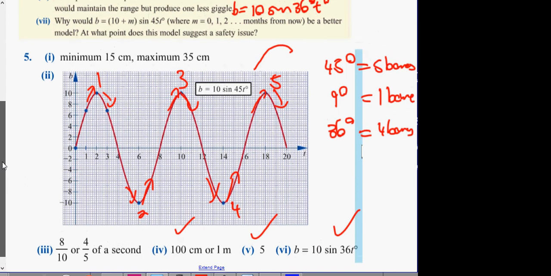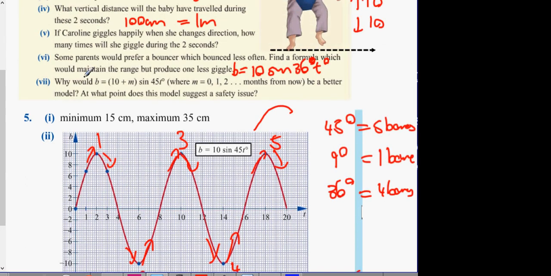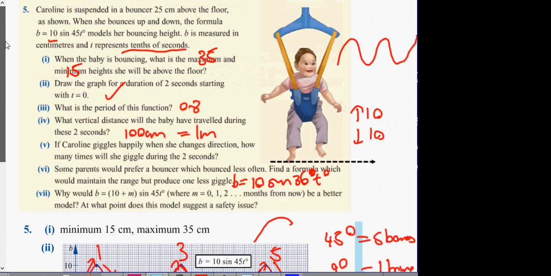Now the last one is, why would this formula B equals 10 plus m sine 45t, where m is 0, 1, 2, which is months from now. So what age is she currently? It doesn't actually give her age. Okay, so let's assume she's a toddler. Let's say 8 months, not walking yet really.